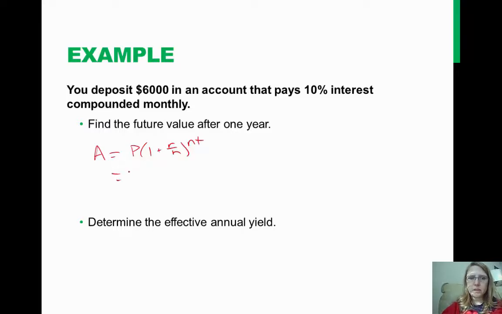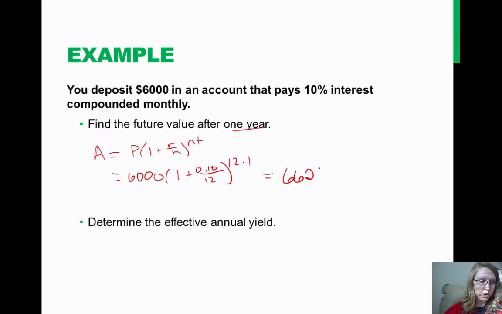So that would be 6,000 times 1 plus 0.10 divided by 12, to the 12 times 1 year. Okay, so this amount would be $6,628.28.